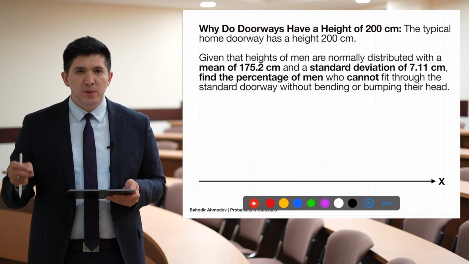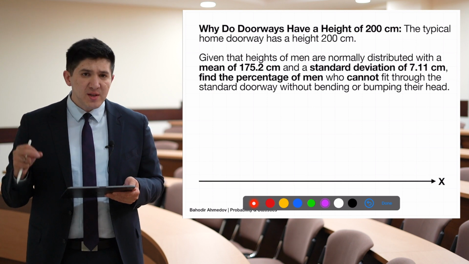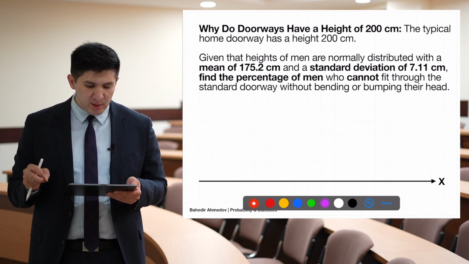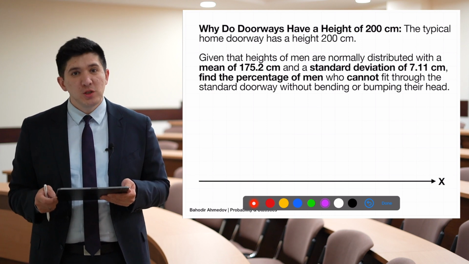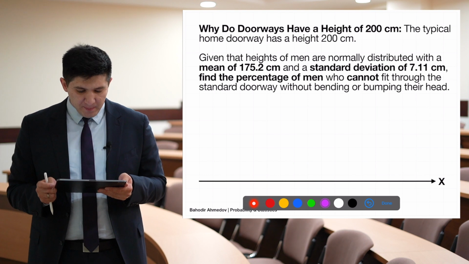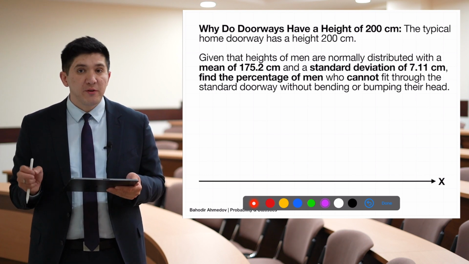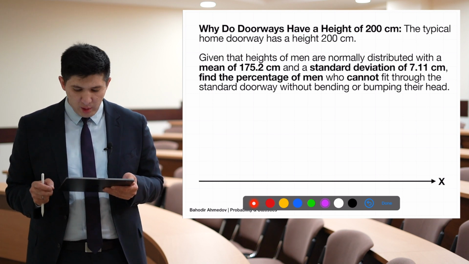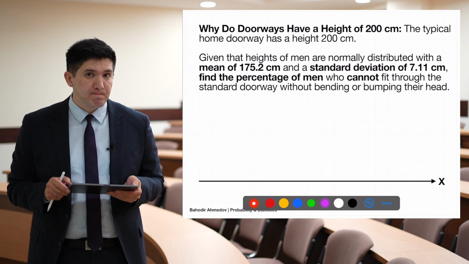You know that the typical height of home doors is 2 meters. Given that heights of men typically have a normal distribution with the mean 1.752 meters and standard deviation 7.11 centimeters, what is the percentage of the men who cannot fit through this door without bending or bumping their heads?